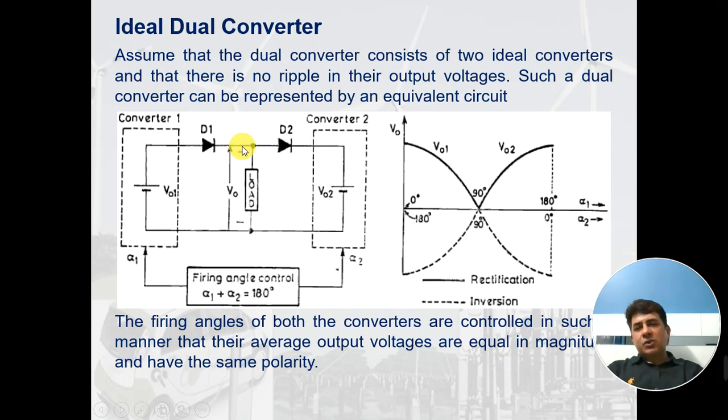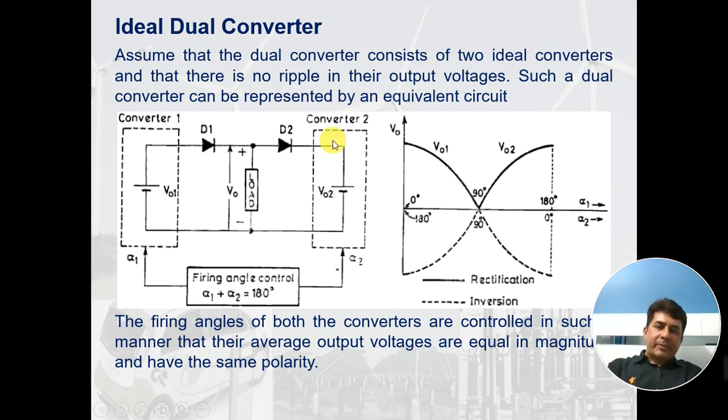Here we discuss the case of an ideal dual converter. In an ideal dual converter, we considered that the average voltage of these two converters is the same. That means if this is 60 degree, it is going to give you a positive voltage, and if this is 120 degree, it is going to give you a negative voltage, which with respect to the load is positive.